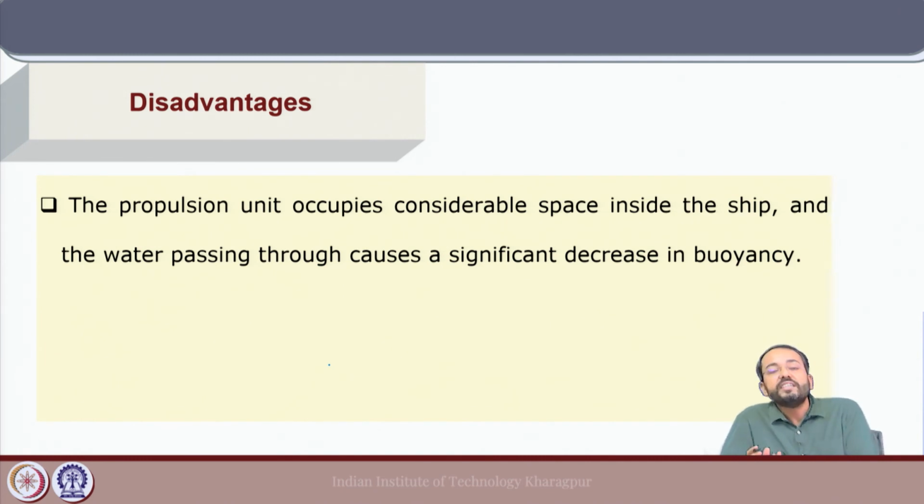That is why water jet propelled vessels are typically ferries and naval vessels, where the advantages are very important in the operation of those ships.